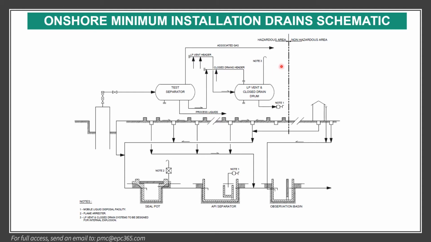So the minimum installation drainage scheme, if you go through this, for example, here is test separation, and this goes to the closed drain drum here with a vent, and this effluent liquid that comes from here goes to the seal pot with a flame arrestor here, and this is with the mobile liquid disposal from here, and then goes to the observation basin.